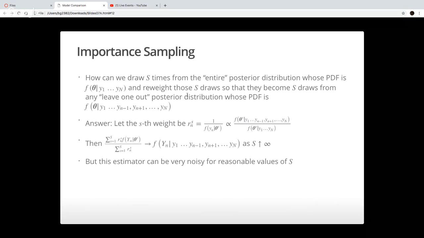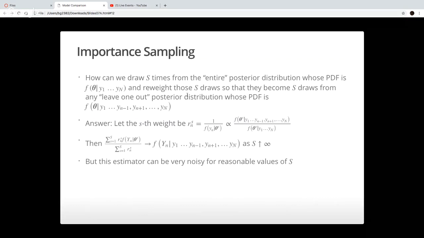So how can we reweight our posterior distribution to decondition on one of the points that we originally conditioned on? And how can we do that for each of the n points that we have in our data set?